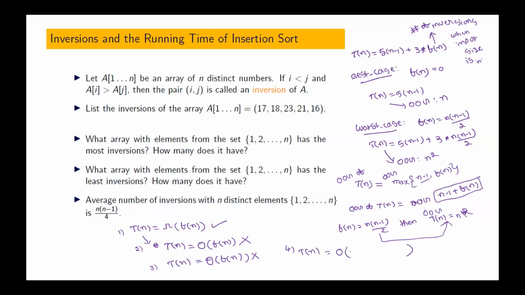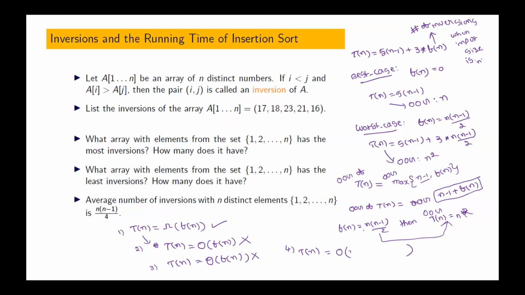Can we write it as n square? No, it should contain the number of inversions. Our goal is that it should contain f of n. Otherwise, what is the relation? We need to relate this with the number of inversions.